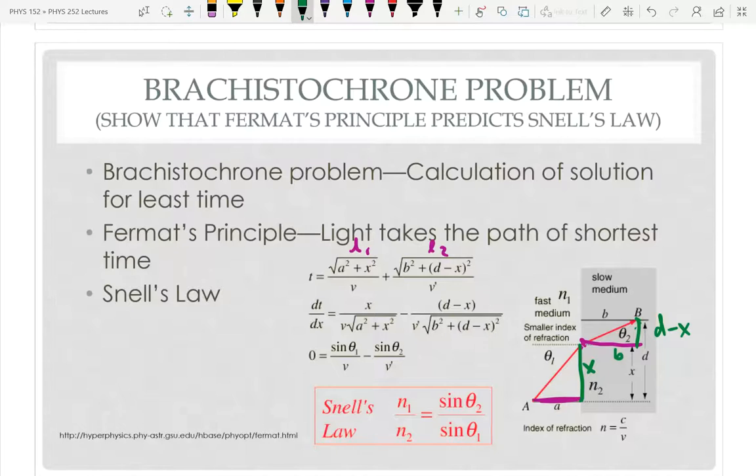And then recognizing that this right here is the definition of sine of theta 1, if this is theta 1, because this would be the hypotenuse, and the opposite side is x. And likewise, this here is the definition of sine theta 2, because once again, the hypotenuse is on the bottom, and d minus x is the opposite side.